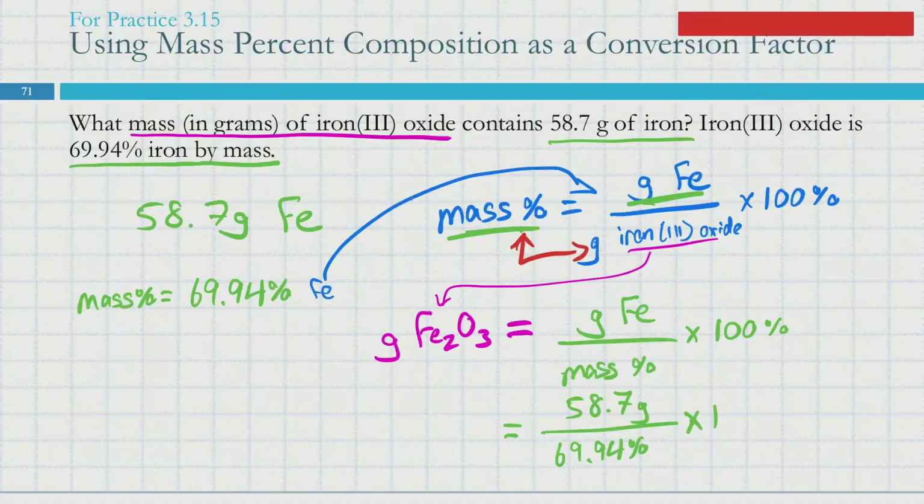We'll plug in the 100%. So 58.7 divided by 69.94, multiply by 100. We get a value of 83.9 grams of our iron 3 oxide.